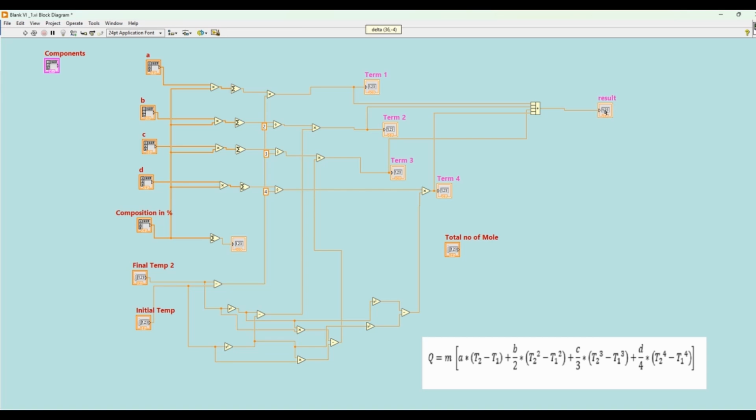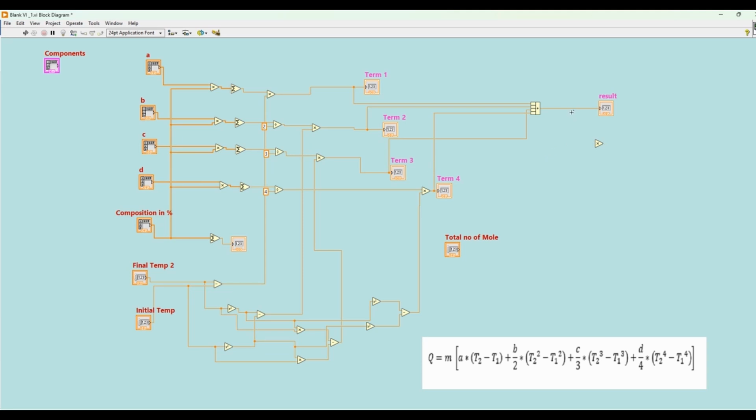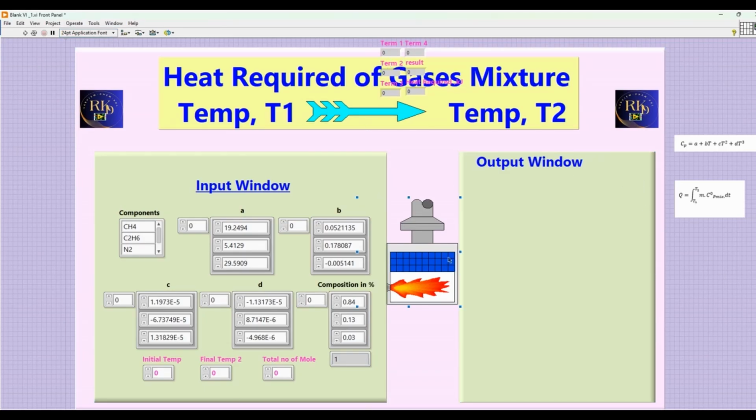This is a result, and this result should be multiplied with your total number of moles here actually, and the total number of moles is here. So this total number of moles, and from here I'll just take this one indicator, and this will give you heat required in kilojoule. So I'll go back to your front panel to check whether we are getting the result or not.